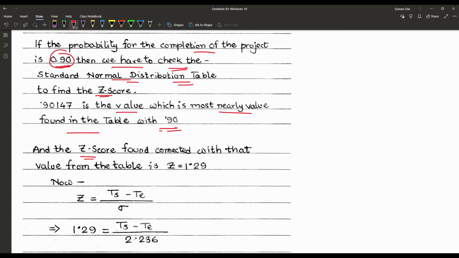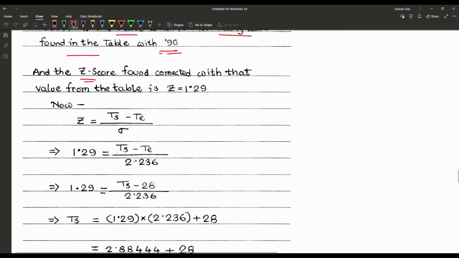So after the z-score has been found from the table, z is equal to 1.29. So z is equal to TS minus TE by sigma, that is 1.29, and TE is equal to 28 and sigma is equal to 2.236.